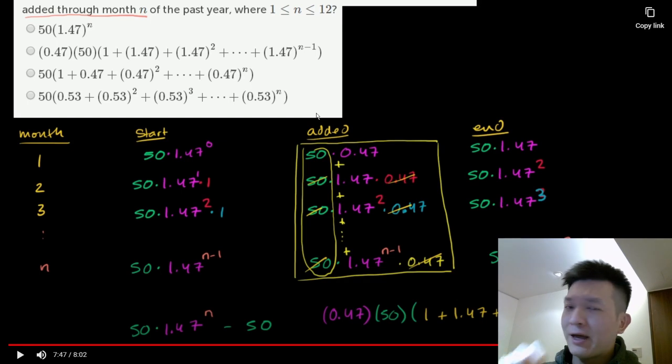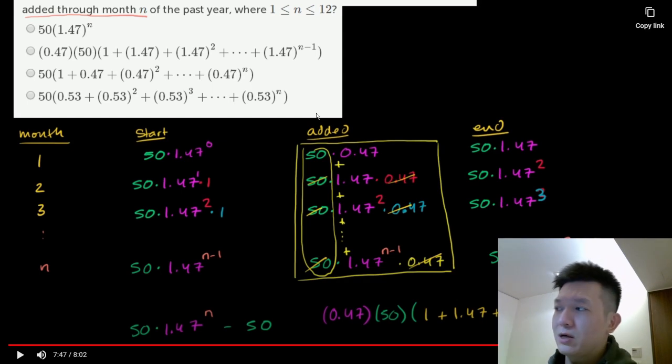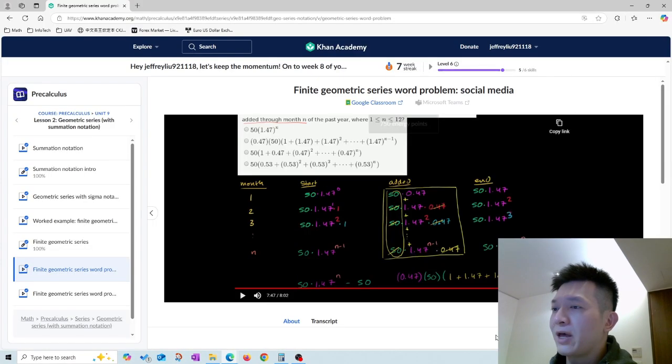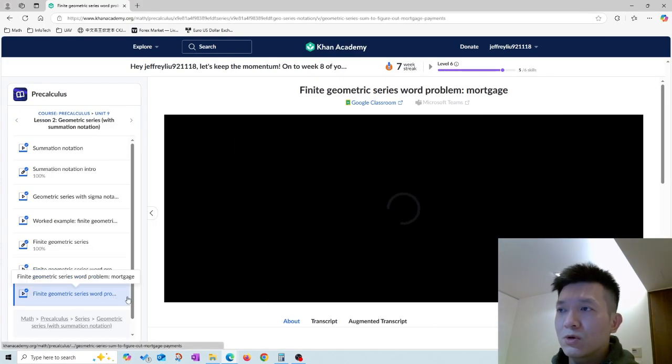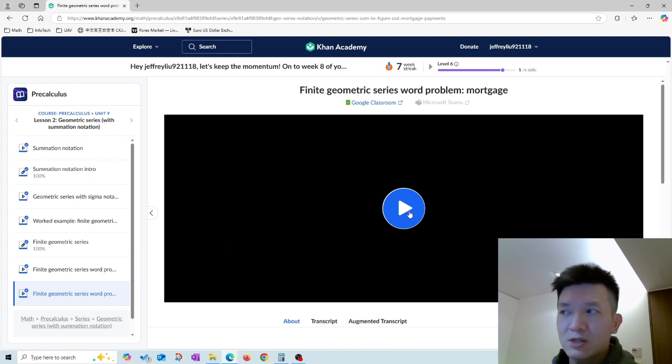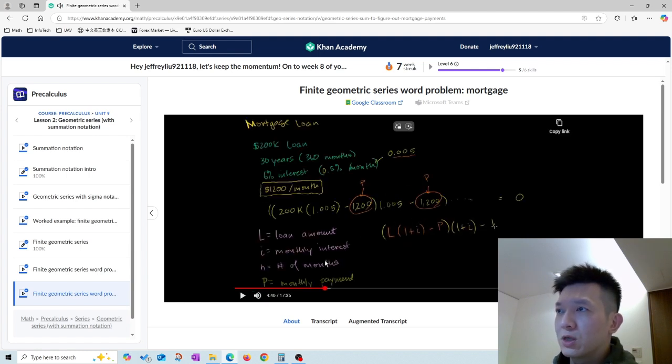Try to find your A1 and R and try to be very clear on that. Okay, so we'll start with our next word problem. It's the same thing, and we're trying to push the what? The pattern, okay, or the series actually.